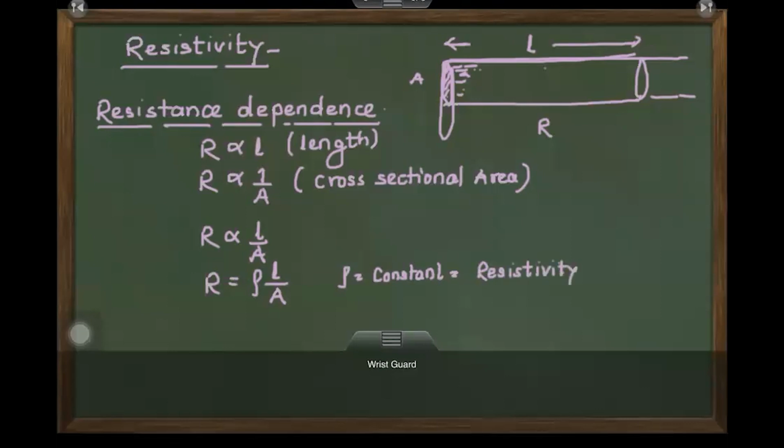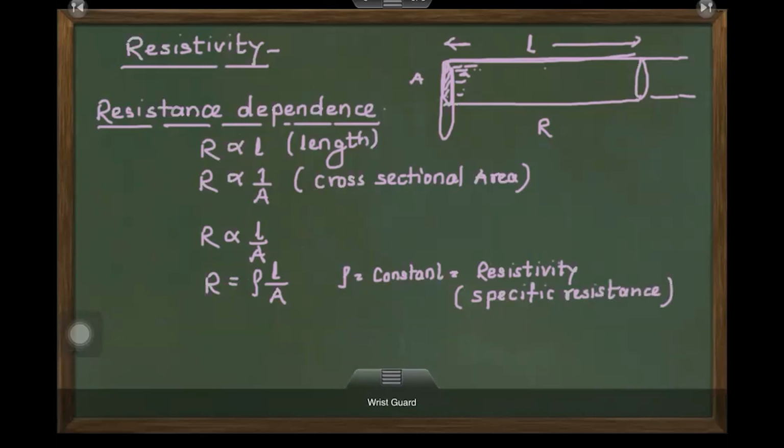And one more name is given to it. This is called specific resistance. So specific resistivity is introduced in this formula with the concept of dependence of resistance.